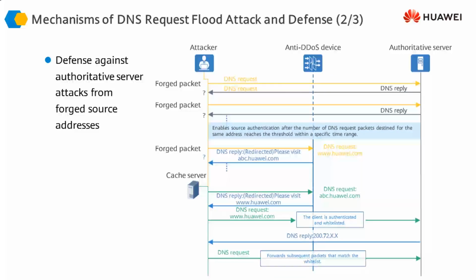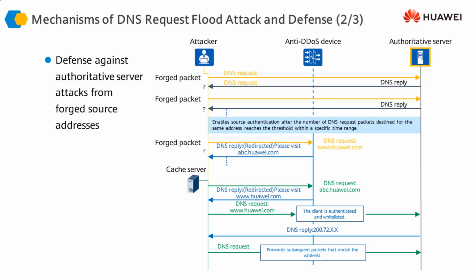The second type of attack can be targeting the authoritative server, in which the attacker is trying to target the authoritative server, not the cache server. In this situation, we can use the redirect mechanism, because generally the authoritative servers only use UDP.